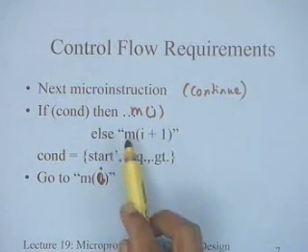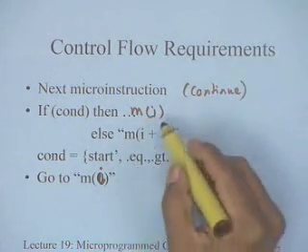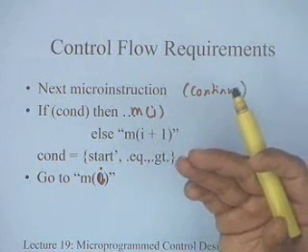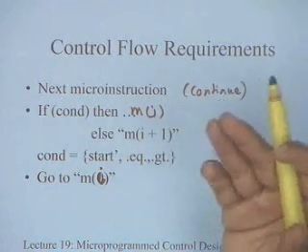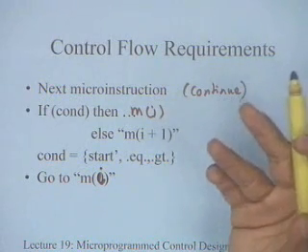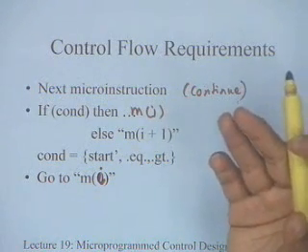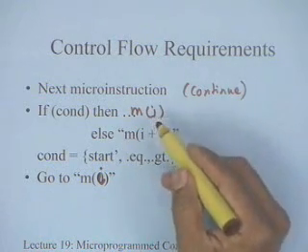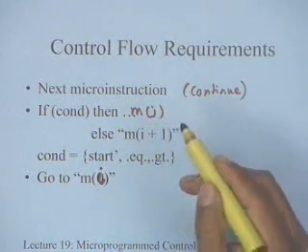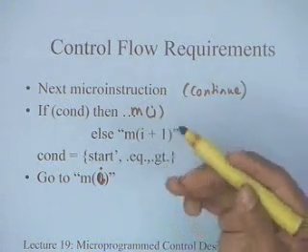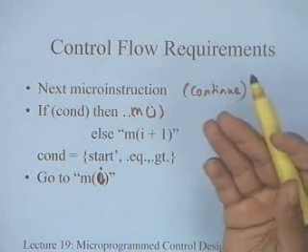The implication is that, just like in a program, if you want to perform a jump, you have to specify the address of the instruction that you have to go to. Similarly, in a microinstruction, you have to specify the address of the microinstruction that you want to jump to. I don't want to specify more than one address. If the condition fails, the other address is by default the next microinstruction.